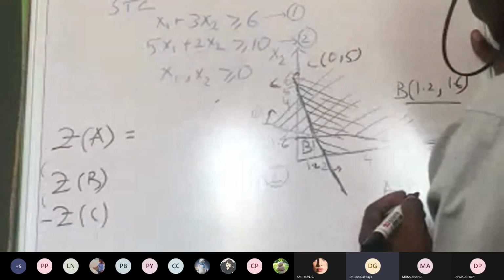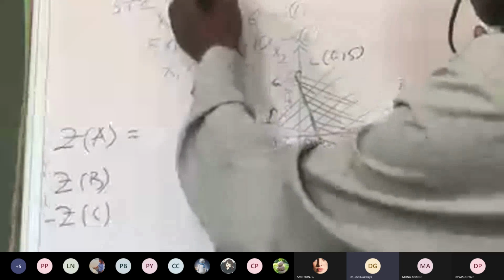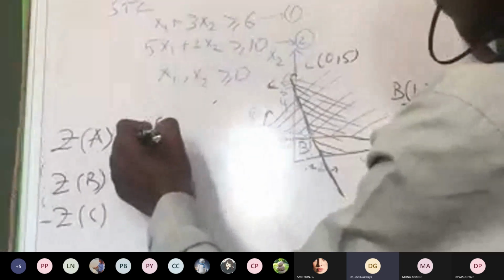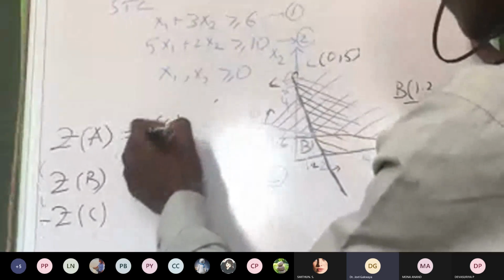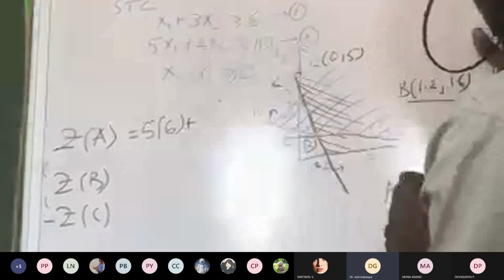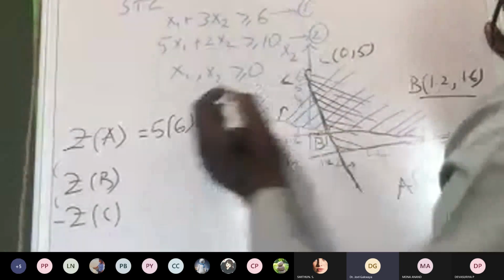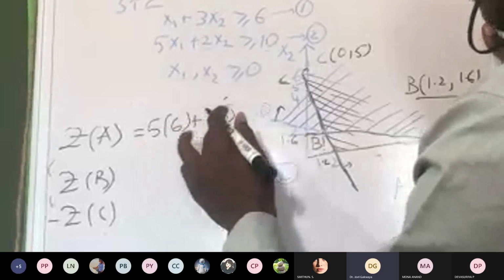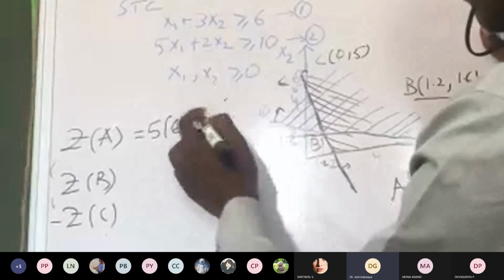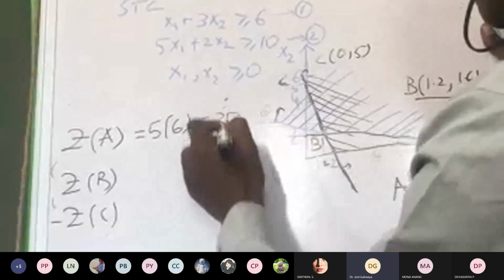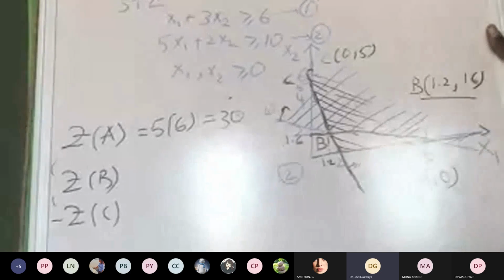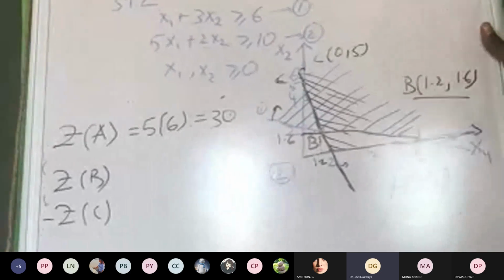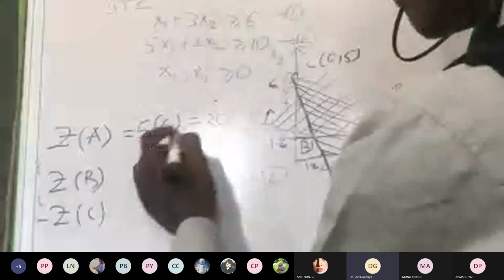ZA, X1 is equal to 6, means 5 multiplied by 6, plus 7 into x2, which is equal to 0. So 7 into 0 is 0, we don't need it. So the answer for this one is 30. Am I correct? Yes, 30. All right, fine, 30. Now come to B.